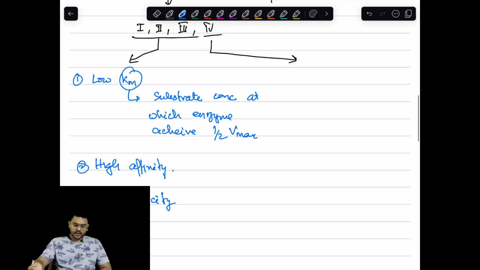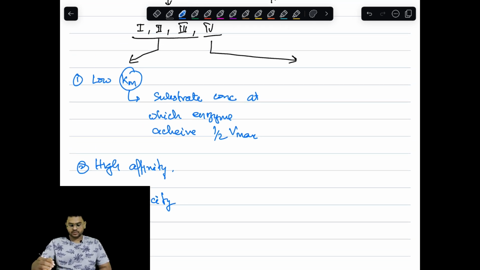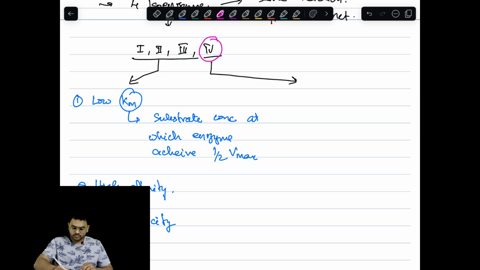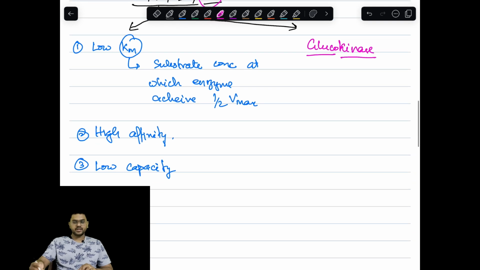On the other hand, we have this fourth isoenzyme, which is called glucokinase. You can see the name itself mentions glucokinase. That means the substrate is only glucose.